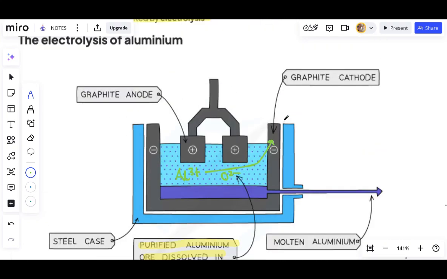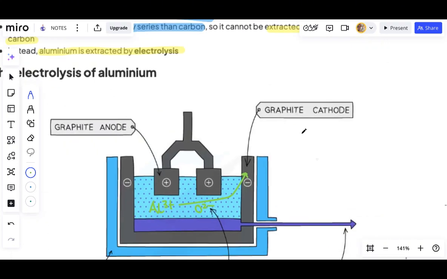shown now. You have aluminum 3 plus ion, by gaining 3 electrons flowing from the battery. The electrons are flowing from the battery coming to the cathode.